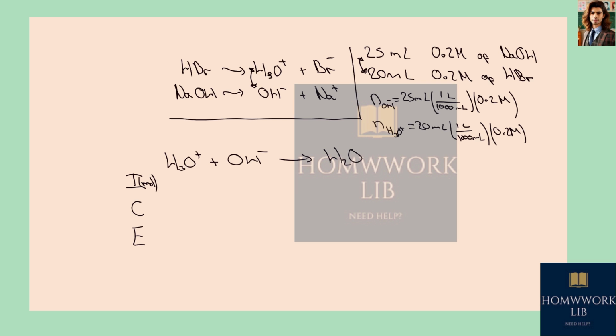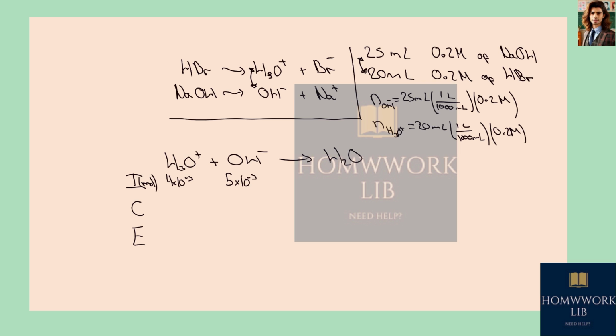For hydronium ion, we're going to have 20 times 0.2 divided by 1000, so we have 4 times 10 to the minus 3. And in the case of OH minus, we're going to have 5 times 10 to the minus 3.